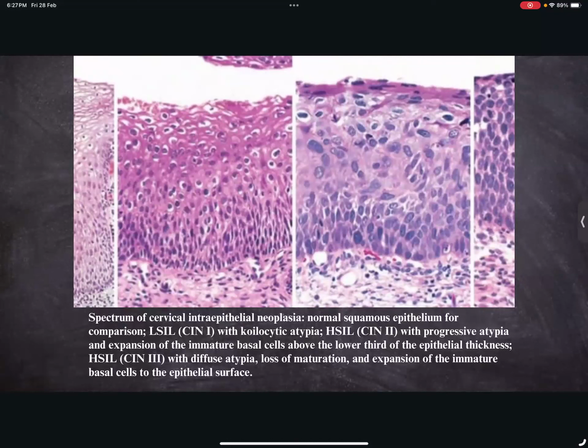If the dysplastic changes are confined to the lower 1/3, it is called CIN 1. If they involve more than 1/3 but less than 2/3, it is moderate dysplasia or high grade SIL. And if the entire thickness is involved, it is full thickness dysplasia or carcinoma in situ.